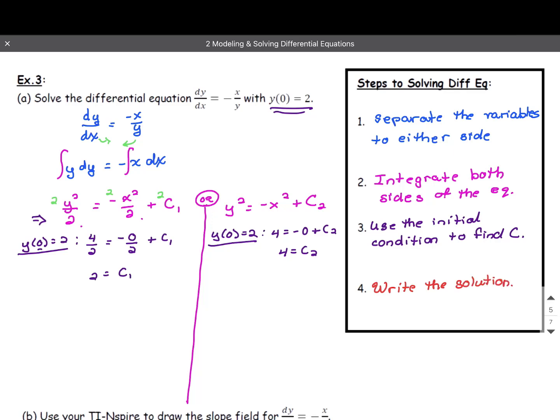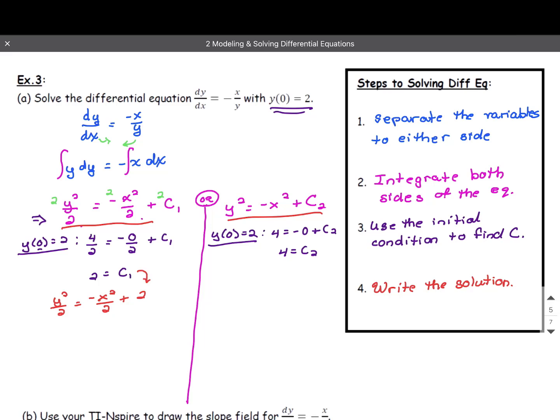Now we substitute the c value into our equations up here and then solve for y, or put it in standard form, depending on what kind of function, or if it is a function, what kind of relation we have. So here we would have y squared over 2 equals negative x squared over 2 plus our constant, 2.